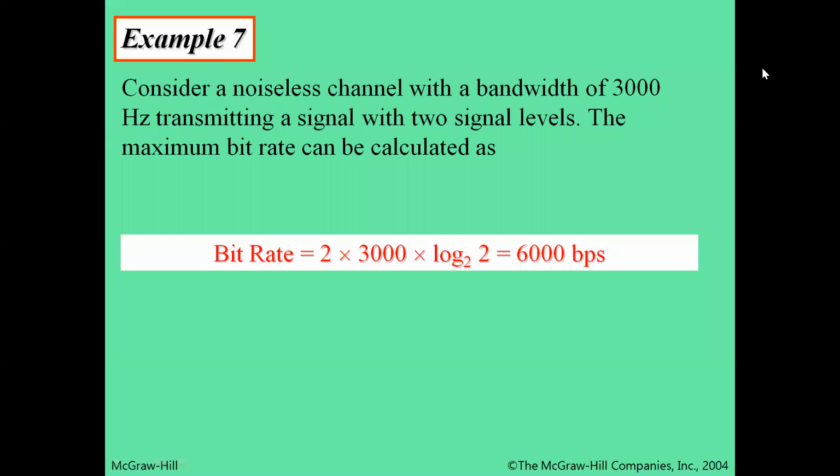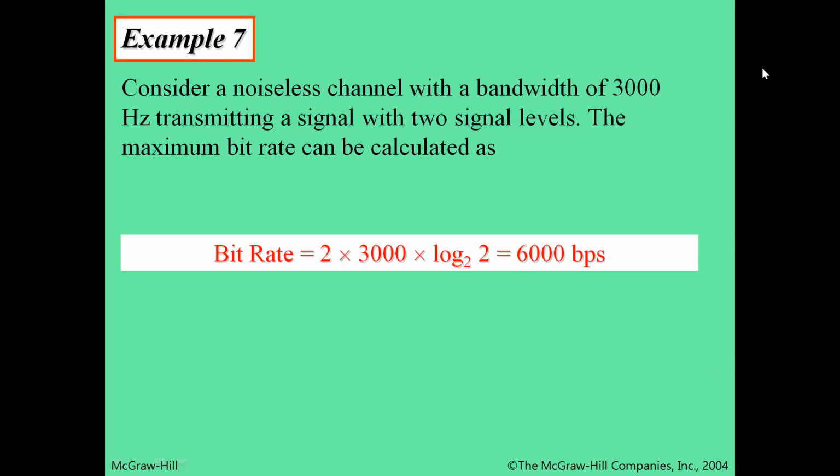Directly we'll come to an example. Consider a noiseless channel with a bandwidth of 3000 Hz transmitting a signal with two signal levels. The maximum bit rate can be calculated as follows. We have seen the bandwidth is 3000 Hz, so our formula is 2 into bandwidth into log L, where L is the level.